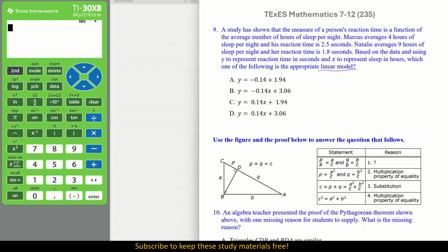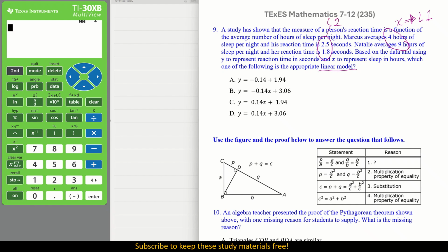So what do we need to do? Time, which is our hours, will be X. Therefore, it should be in L1. And time in seconds, we're going to stick that in our L2.